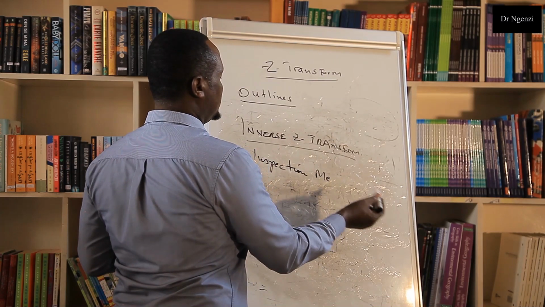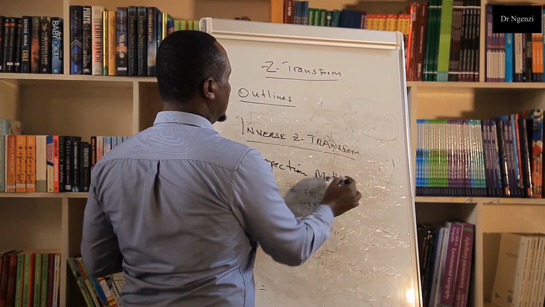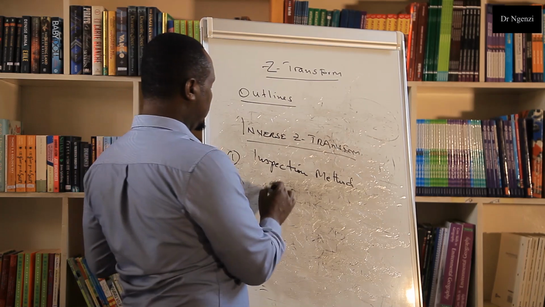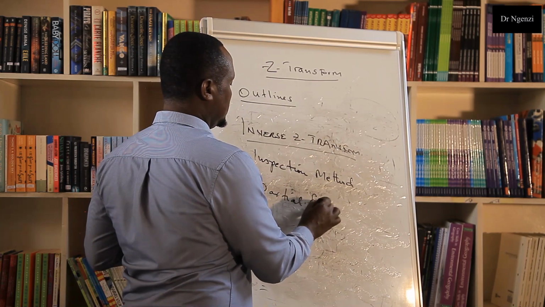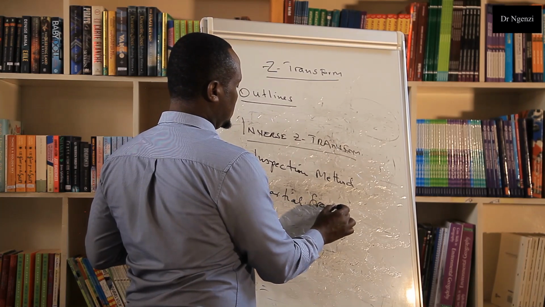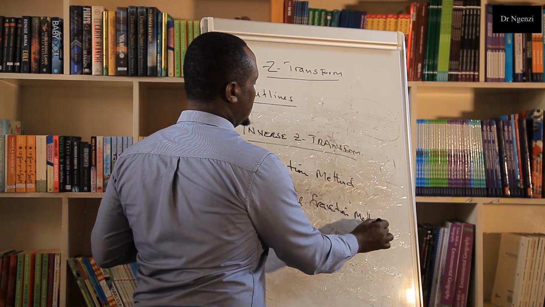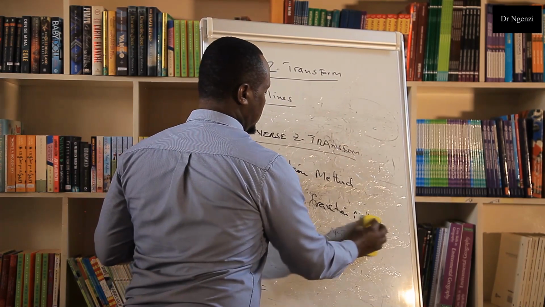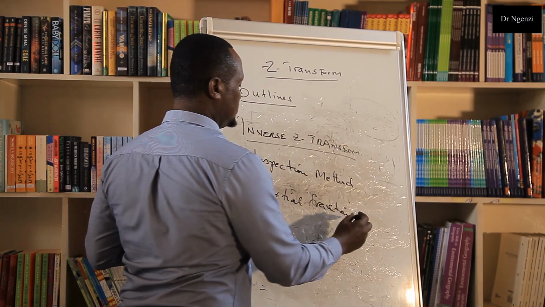These are the ways of how you can get the inverse Z transform. We also have the partial fraction method, or expansion. You can expand using the partial fraction expansion.